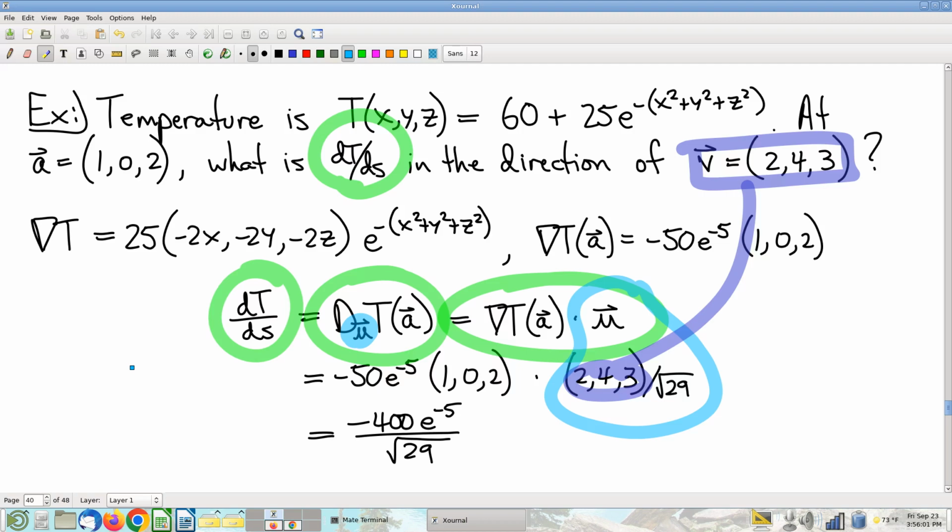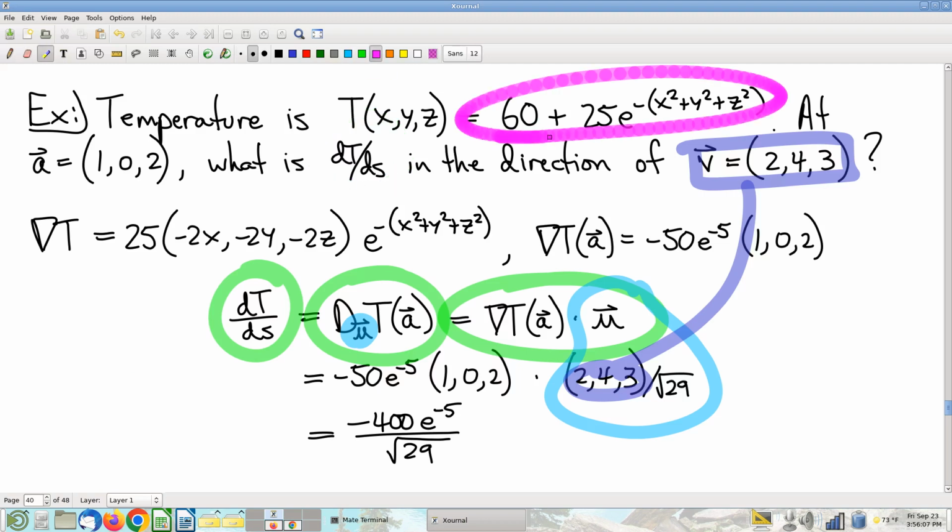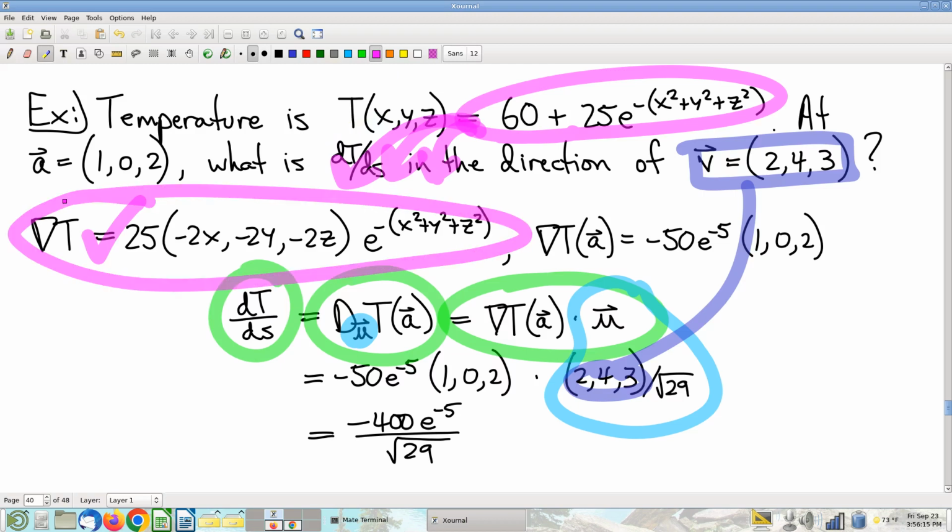Now there's a little bit of ugliness in finding the gradient vector. This is annoying, but it's tedious. You've got to take the x partial and the y partial and the z partial, and all together there's that gradient vector. And then of course you've got to plug in the point. You've got to plug this in for x, y, and z.